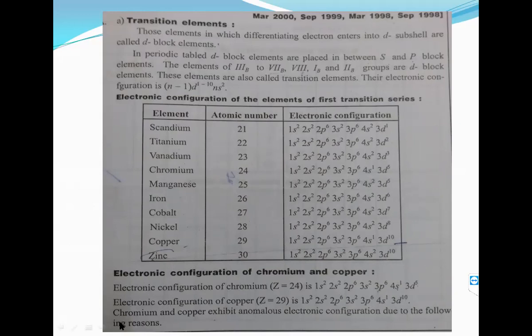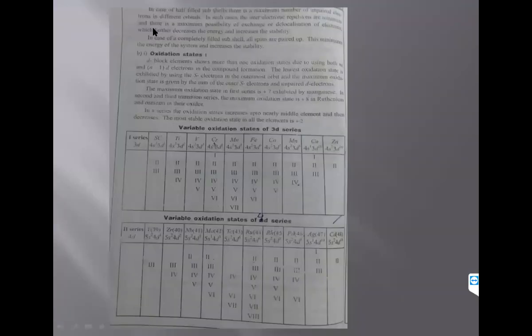So chromium and copper exhibit anomalous electronic configurations due to the following reasons. In the case of half-filled subshells, there is a maximum number of unpaired electrons in different orbitals.